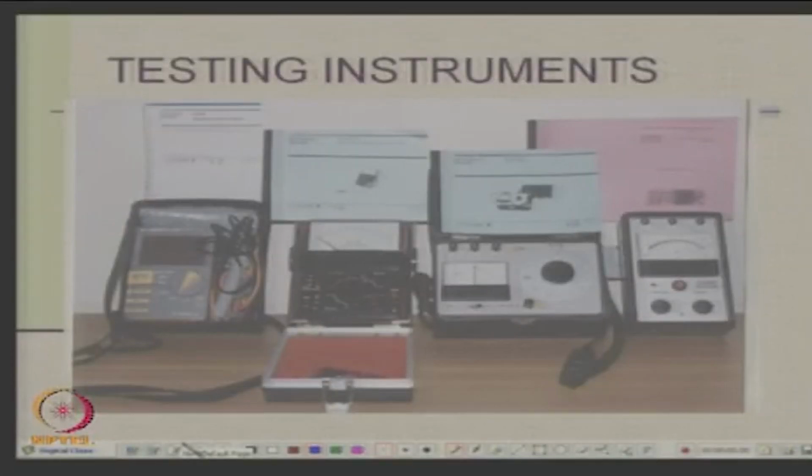These are also other testing instruments for measurement of various quantities, electrical and mechanical. If you are to test a fan, you may also like to have the speed of the air that blows, so anemometers are required, and you want thermometers.